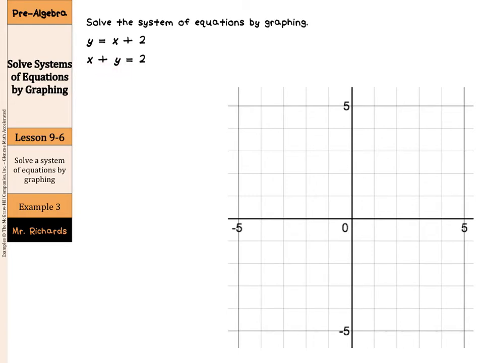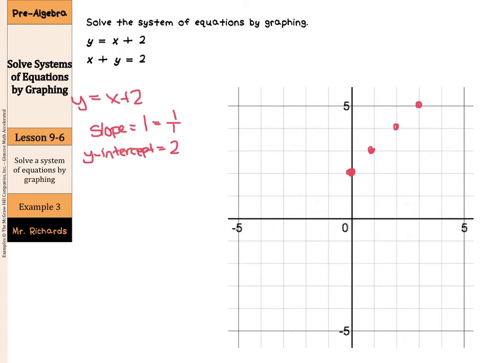So we can start off with just the first one, y equals x plus 2, where we have a slope of 1, which is the same thing as 1 over 1, and a y-intercept of 2. So we can graph the y-intercept at 2 and a slope of 1, up 1, over 1, up 1, over 1, up 1, over 1.